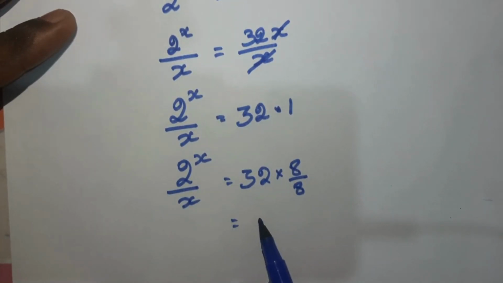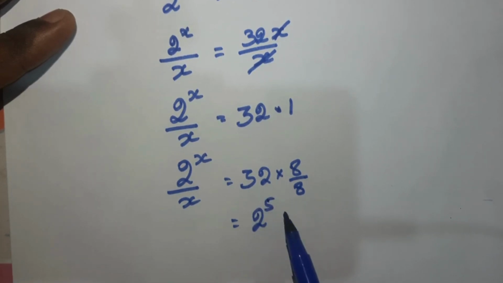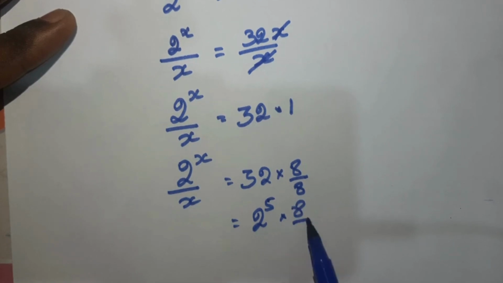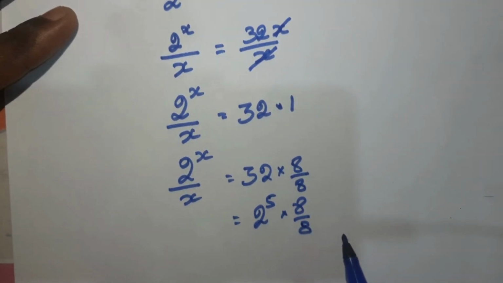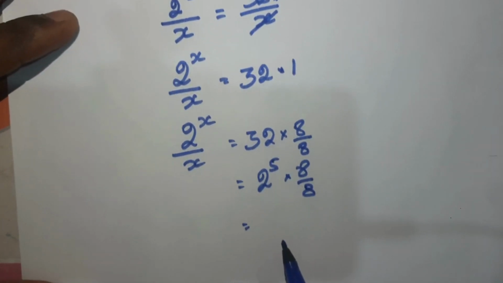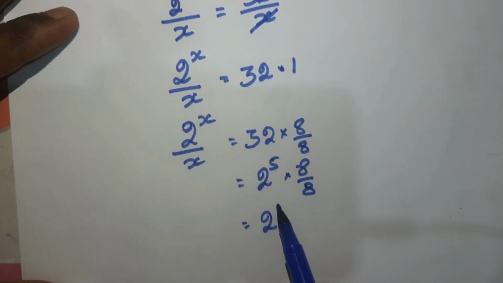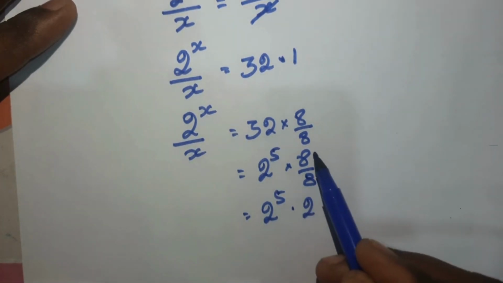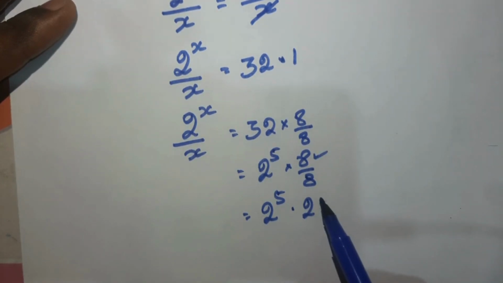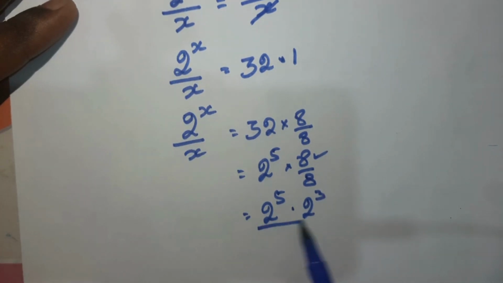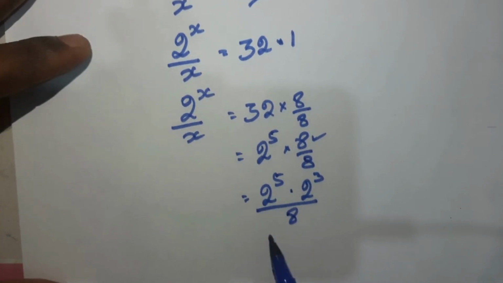Now this 32 we can write as 2 power 5 into 8 by 8. This 8 we can write as 2 power 3, divided by 8.